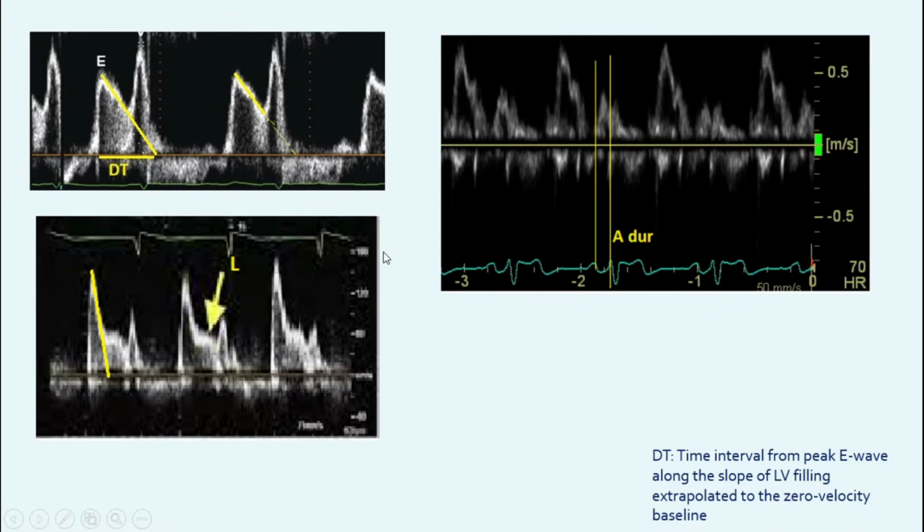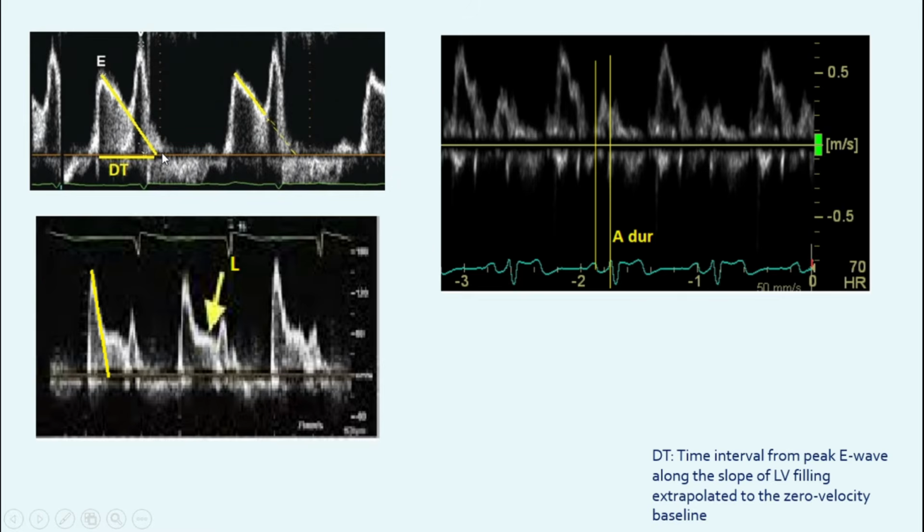In those cases that the E slope is very low, not a sharp drop, and they fuse and we don't see the end of the E, in these cases we always have to finish the endpoint on the zero line.